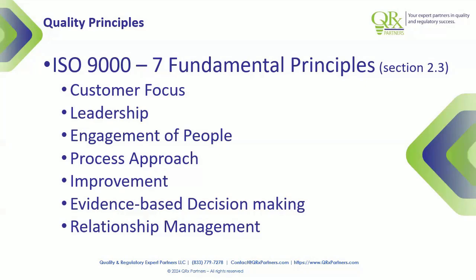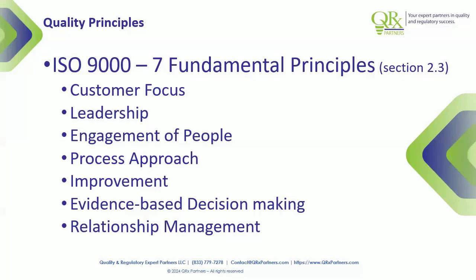Okay. Now, when I say that there are these fundamental principles, most people will ask, well, what do all of those things mean, or how did they put it together? This section is put together with these 7 different pieces, with first a statement of what it means. What does customer focus mean to the organization? What is leadership? All of these things, they start with that statement.